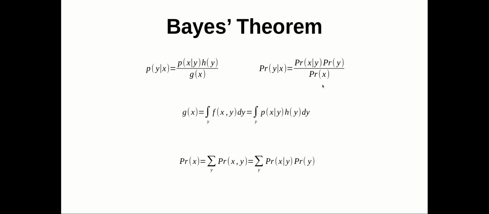One of the questions that students have been asking me is how do we exactly compute the denominator, right? In practice, this denominator usually doesn't have to be computed because the denominator doesn't depend upon the model y, right?